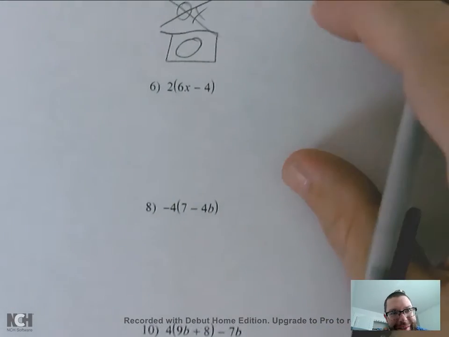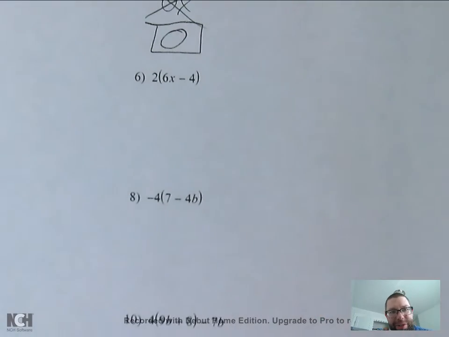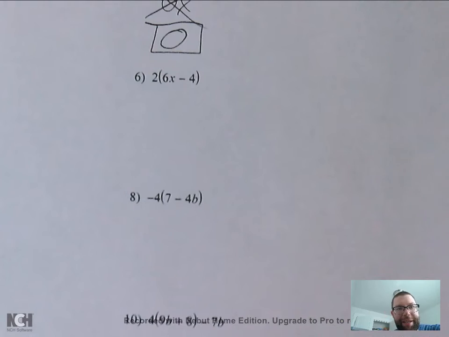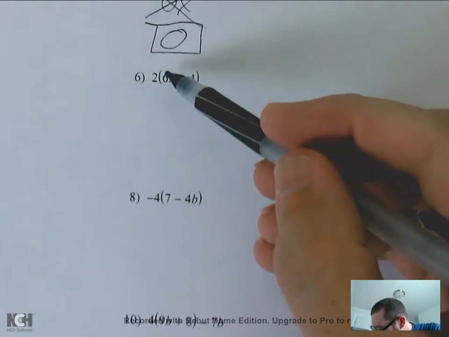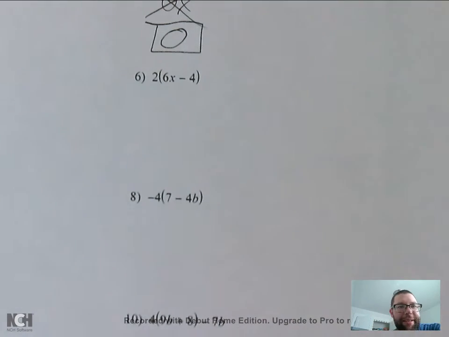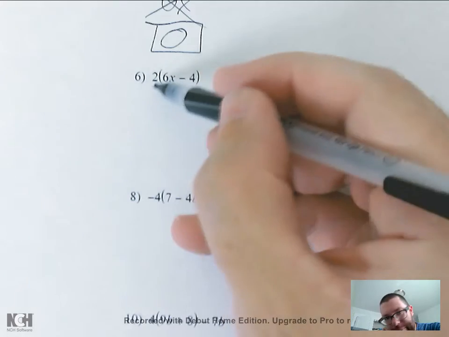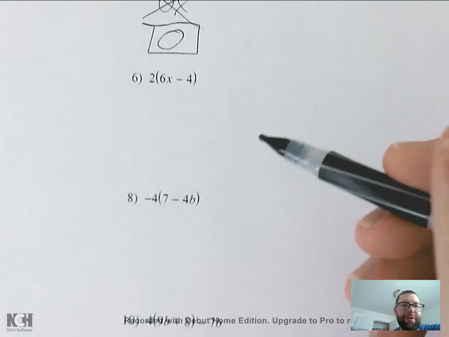Okay, number 6 here. This is when we get into the distributive property. The distributive property is basically when we're multiplying more than one term by the same number. You usually have a nice indicator that that's happening because you see these parentheses, right? Parentheses mean that whatever is on the outside multiplying is applying to both of these terms.